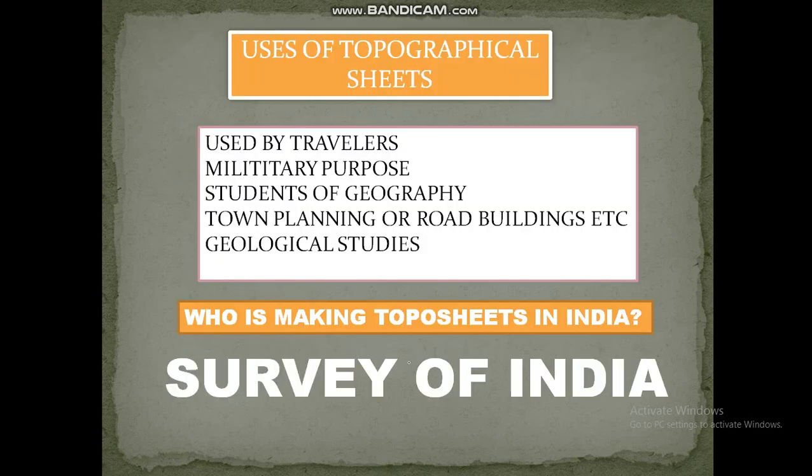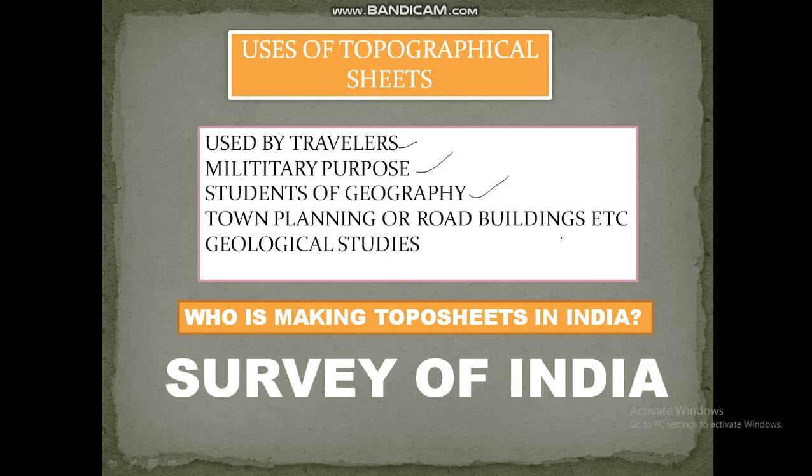So what are the uses of the topographical sheet? It is used by travelers for traveling purposes. It is used for military purposes. Whenever the military is going to fight with somebody, they must understand the topography of that area. Being geography students, we also use topographical sheets.